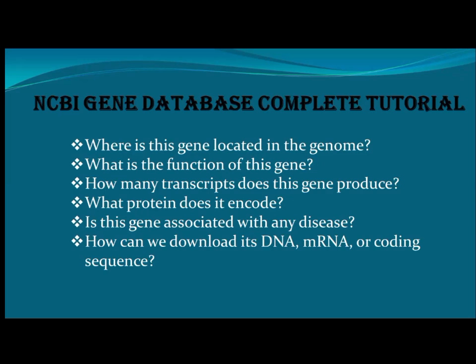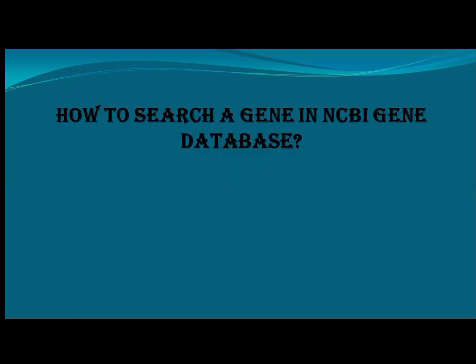So, in this lecture, we will learn how to search a gene, understand its information, and retrieve different sequences from the Gene database. Let's start with how to search a gene in the NCBI Gene database.